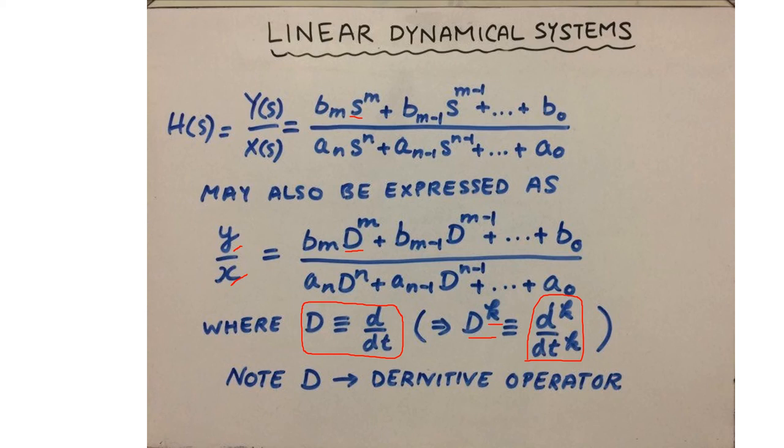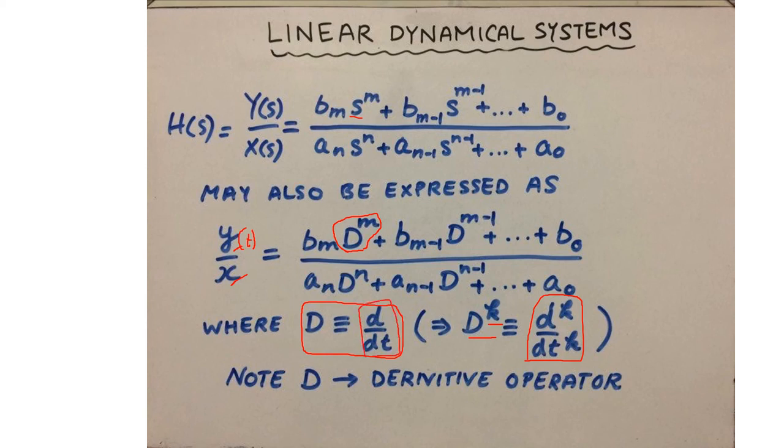Obviously, these are functions of time, so you can put a t here easily. And we are back in the time domain because we are making use of this derivative operator, which is performing differentiation d over dt.